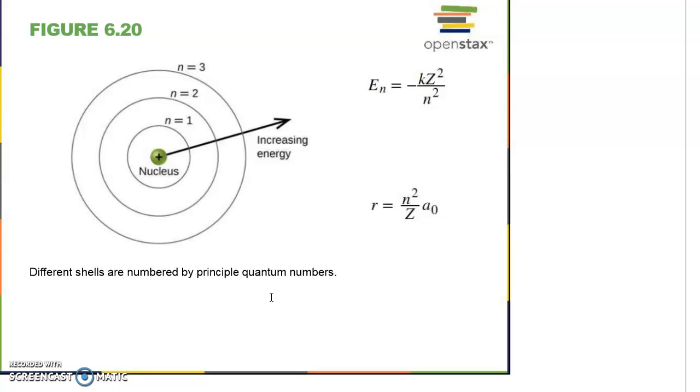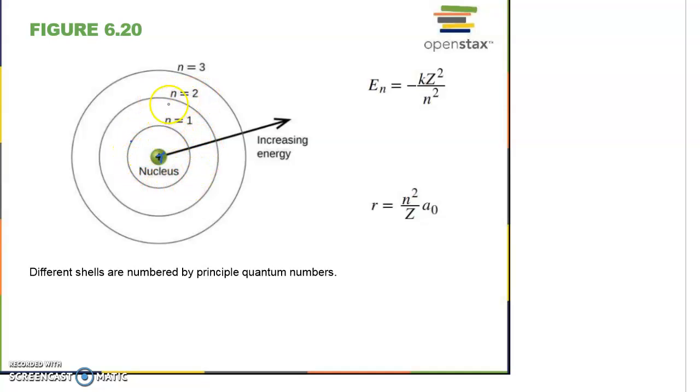What the Bohr model said is, inside the nucleus, there will be a positive charge. And electrons can only go in a circular path surrounding the nucleus. But it cannot be going anywhere. It can only go in certain radii. For example, when n equals 1, the electron can stay here.